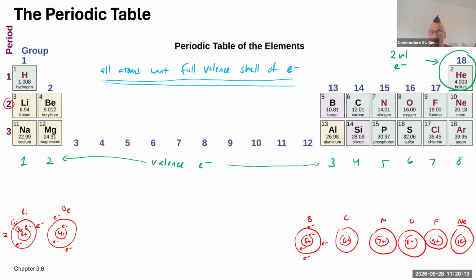It might be a little tight there. Let's do this. And then 1, 2, 3, 4. All right. So this is 1, 2, 3, 4, 5, 6, and 7. Again, they all have 2 electrons in their core. It might get a little weird over there on that side, but 1, 2, 3, 4, 5, 6.